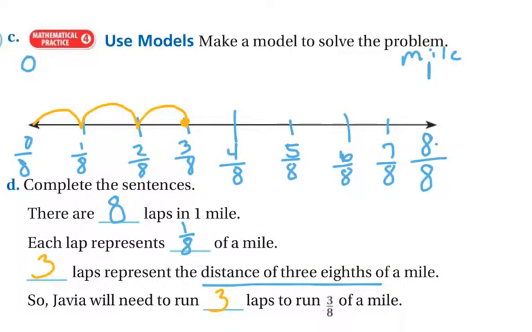Let's do a number line. They provided you a number line, but you could easily draw a line on a piece of paper, right? And figure it out. Okay, if I know that 1 mile takes 8 laps, that's 8/8. You can figure out how to divide this up, and each of these equals a lap. 1 lap, 2 laps, 3 laps, 4 laps, and so on. You can do this, guys.